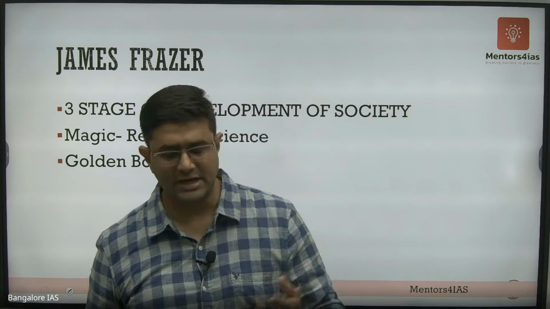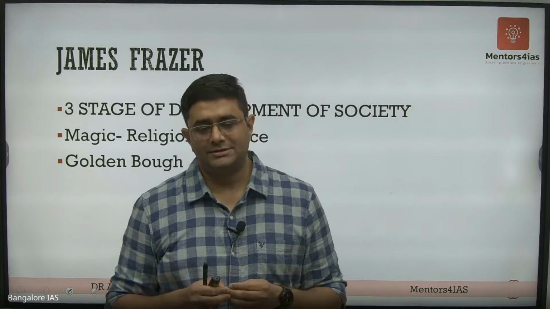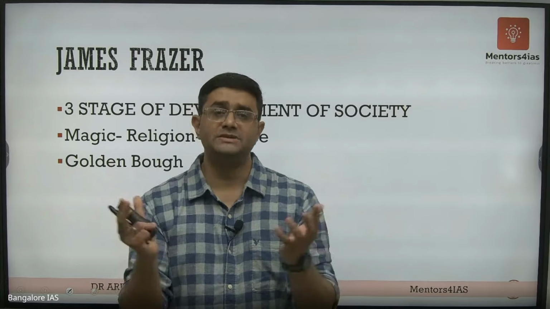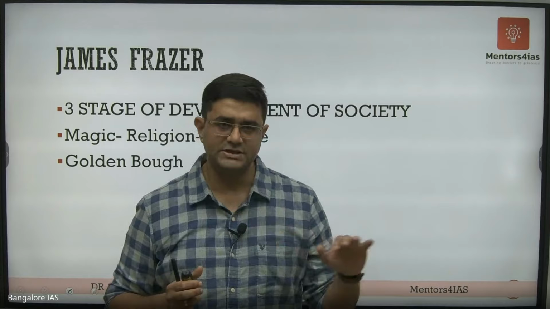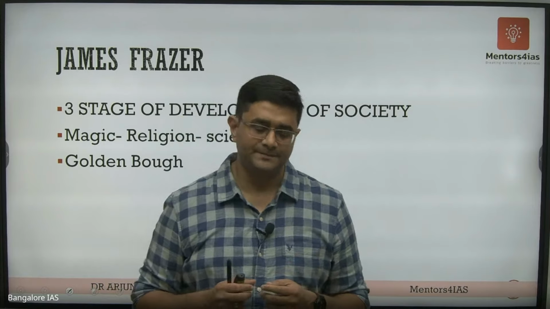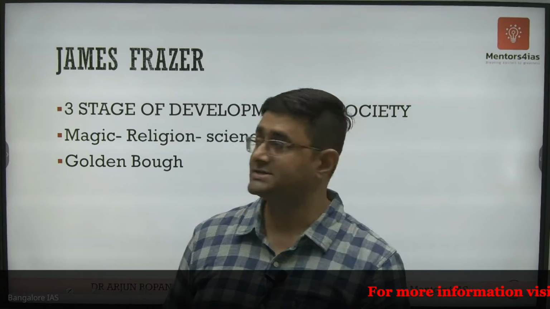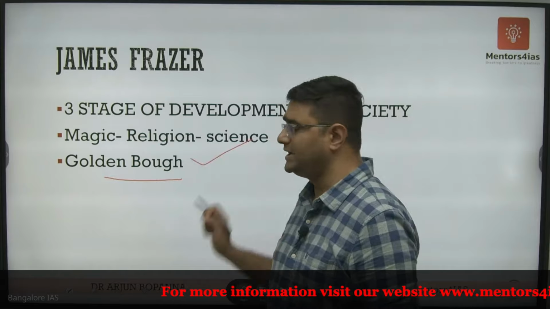That is the stage of religion. And finally, when he got to know the real nature of the phenomena that happen around him through science, that is the stage when he gives up religion and magic, and he develops the concepts and principles of science. So society evolved in 3 stages: magic, religion, and science. That is James Frazer. His very important book, The Golden Bough, needs to be remembered.